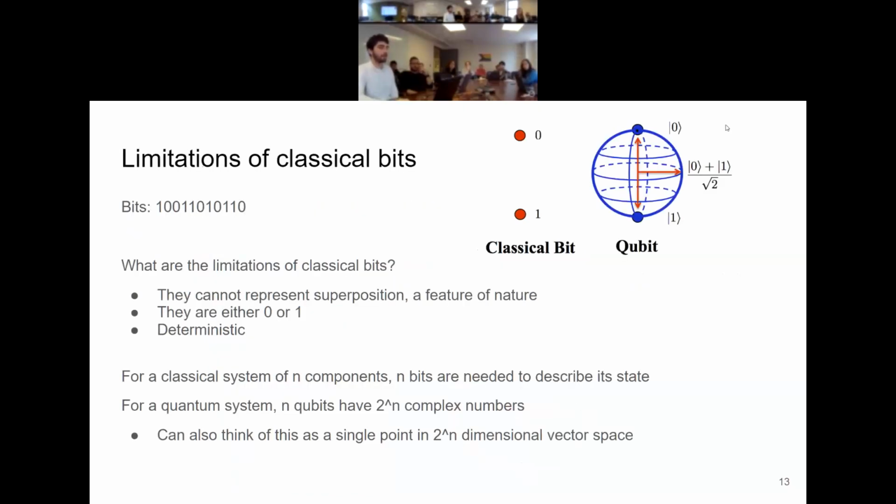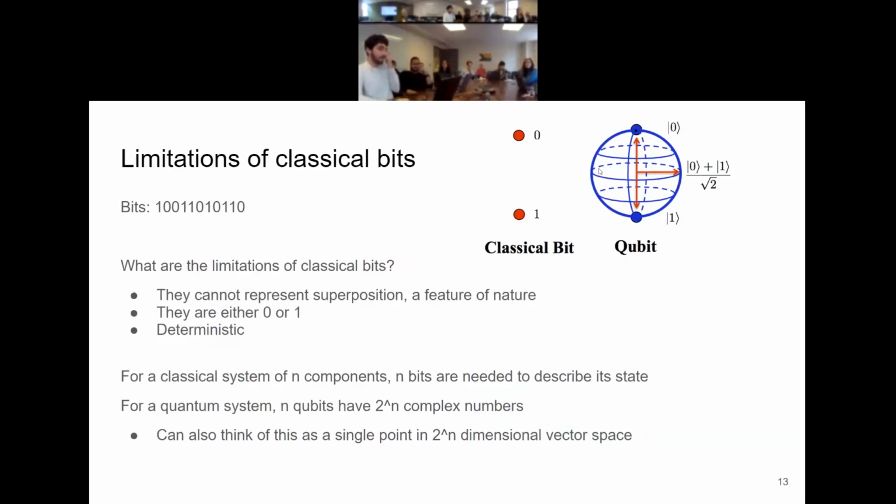Earlier I showed that any state along the equator, which is just one small subset of quantum states, has a 50-50 chance of being a 0 or a 1 on measurement. So even though they're not the same quantum state, they have the same probability of having the same measurement outcome. This is kind of the trickiest thing when you first learn quantum computing: the information contained in a qubit is not necessarily the information that we can actually access. We can use it, but we can't always know what it was until after we measure it.